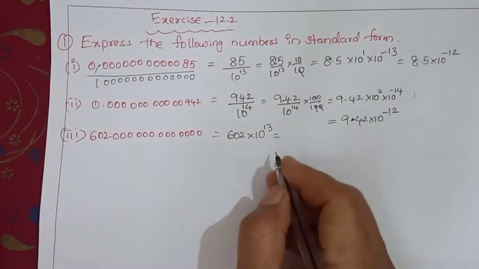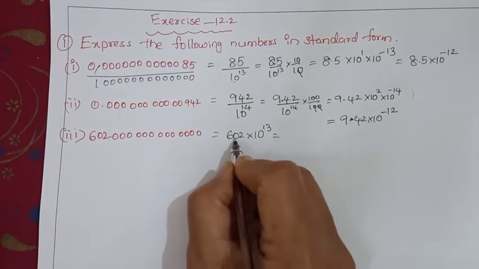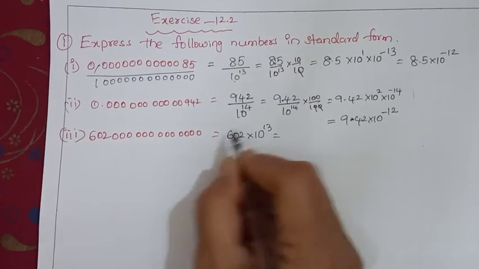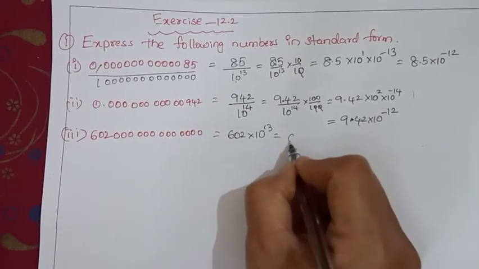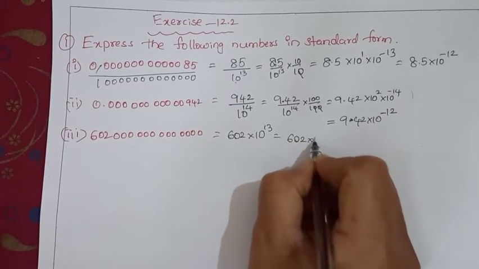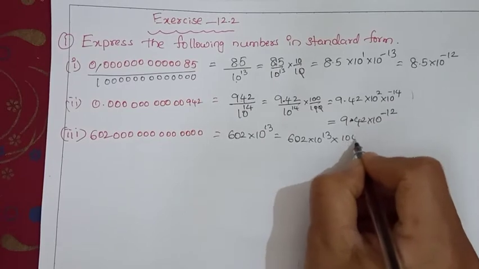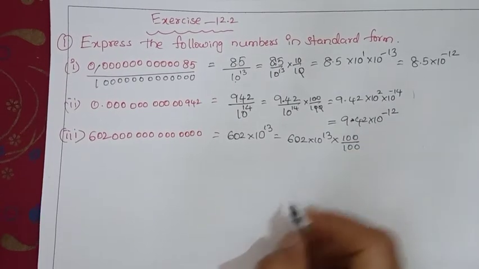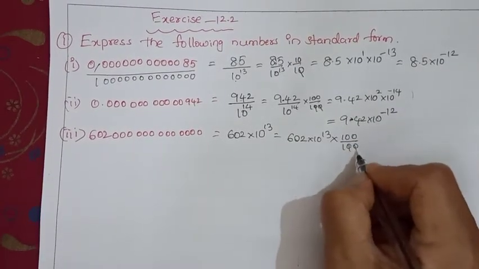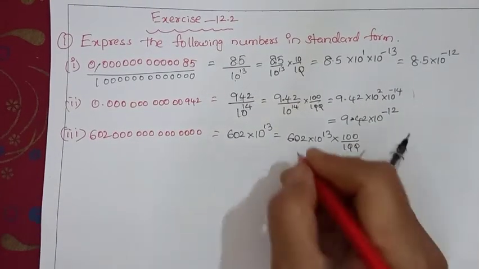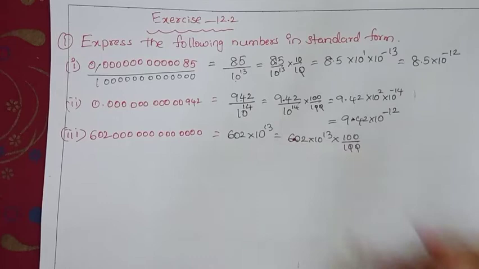Okay, next. Here two digits are there. I have to write in a shorter form. So I am going to do 602 into 10 to the power of 13, and I am just going to multiply and divide by 100. So here I am placing the decimal with the red pen, so that you can understand.